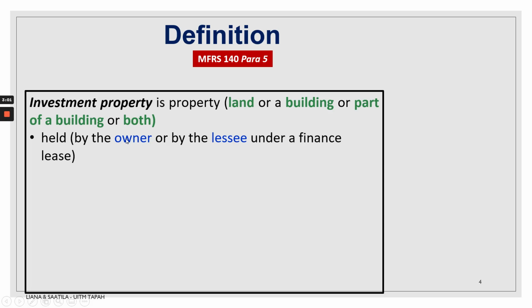If the owner leases the asset to the lessee under a finance lease, that is an investment property. But if an owner leases the asset under operating lease, that is actually an investment property to the owner, and that is held to earn rentals.